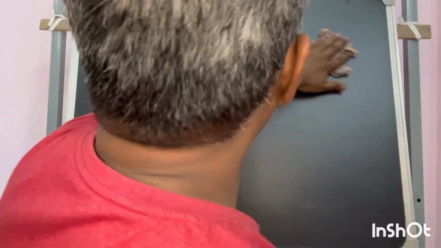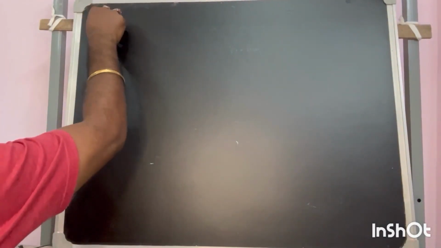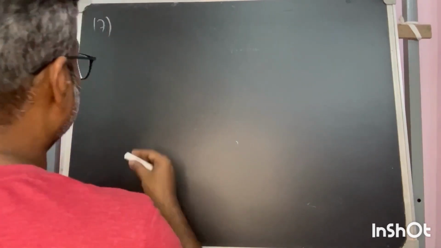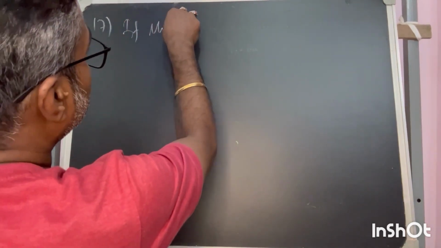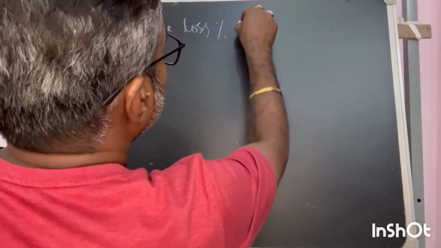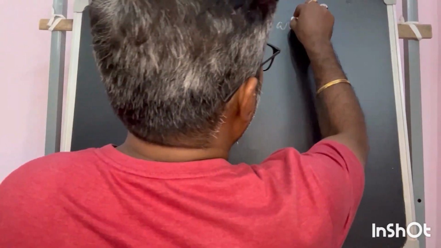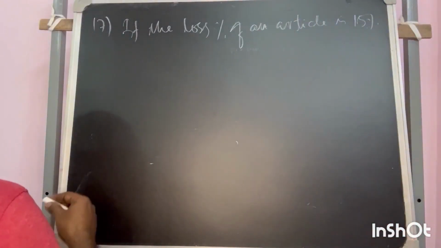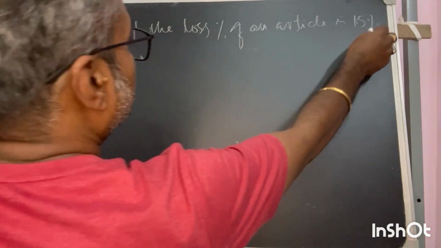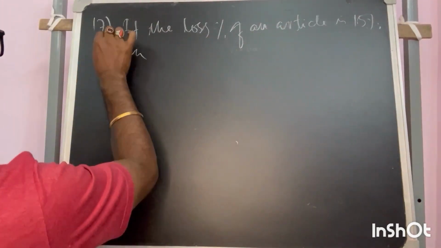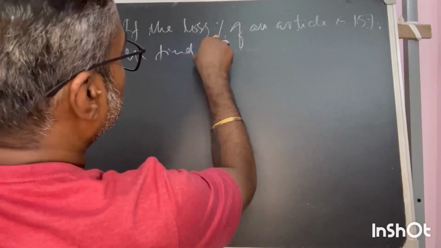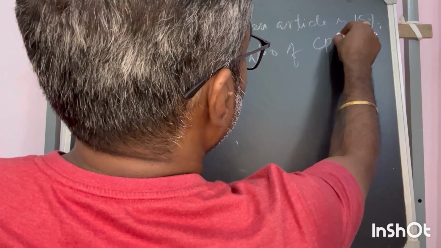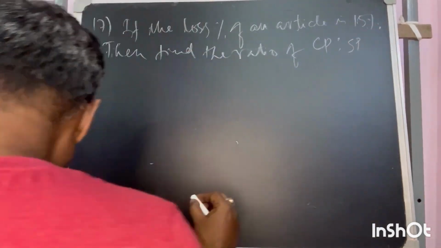Okay, so let me take you to the next problem, problem number 17. Problem number 17 says if the loss percentage of an article is 15%, then find the ratio of CP to SP, meaning cost price to selling price.